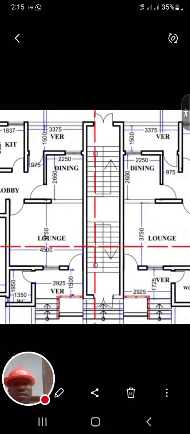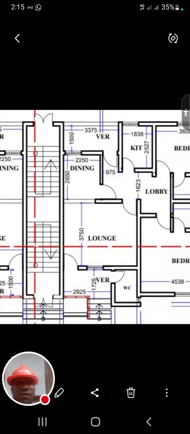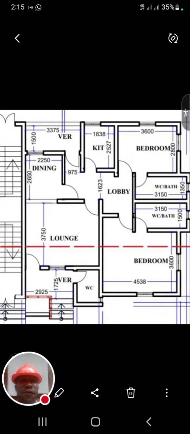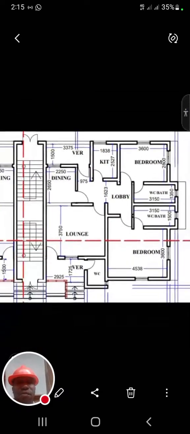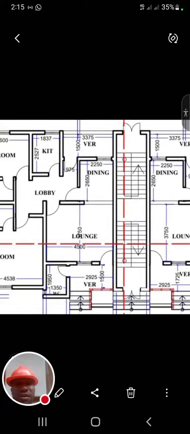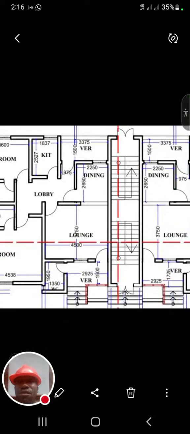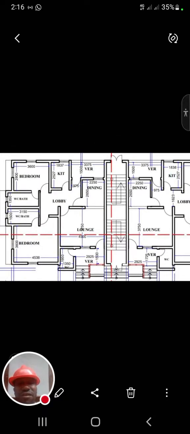The same thing is found here. Just like I said, this is a double flat. Each flat has 2 bedrooms. These are the key things you have to note.